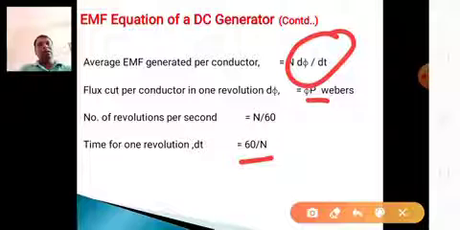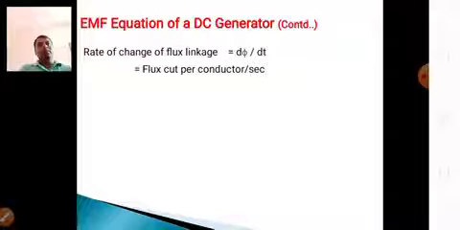So we get the average EMF. The rate of change of flux linkages is d phi by dt, flux per conductor per second.